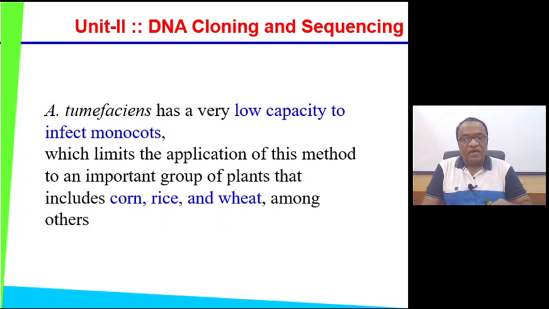Right? And Agrobacterium tumefaciens has a very low capacity to infect monocots. So this is an important limitation of this method.